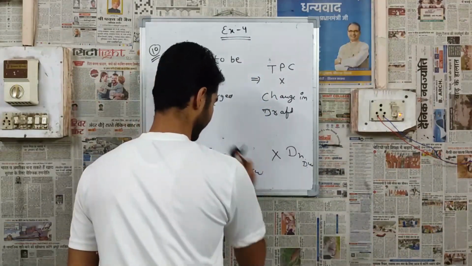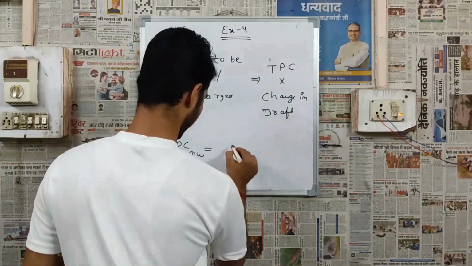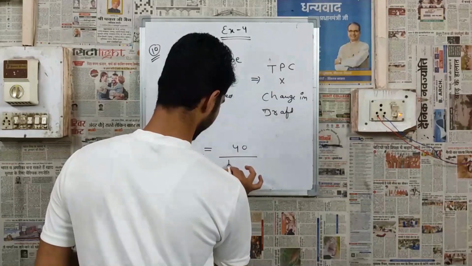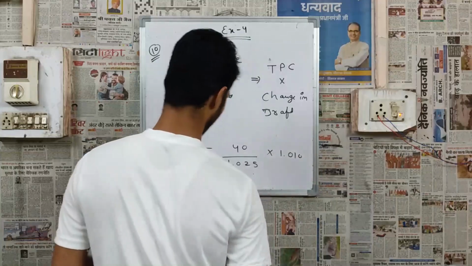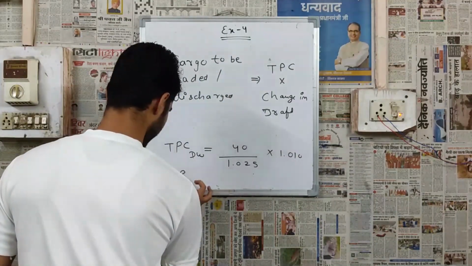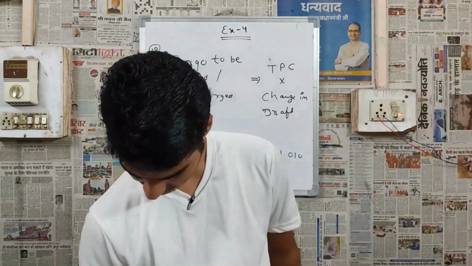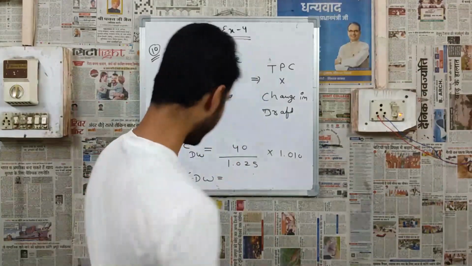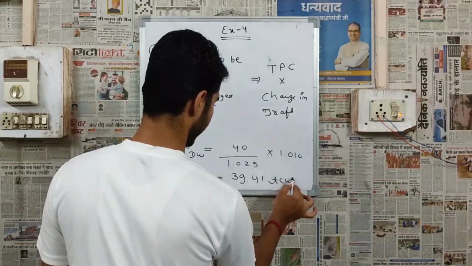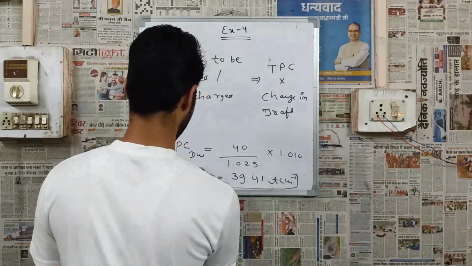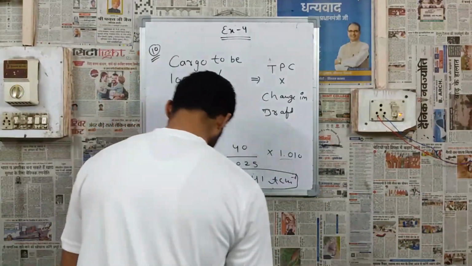So our values are 40 divided by 1.025 multiplied by 1.010, and that TPC of dock water is about 39.41 ton centimeter inverse. This is our TPC for dock water whose density is 1.010.